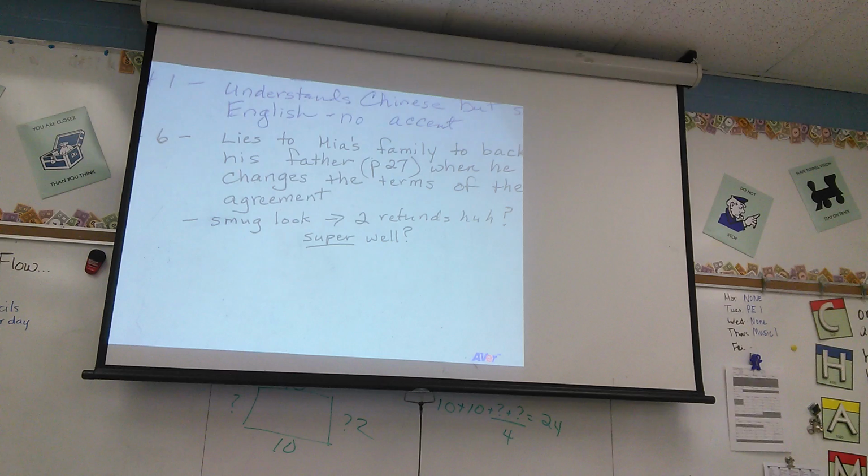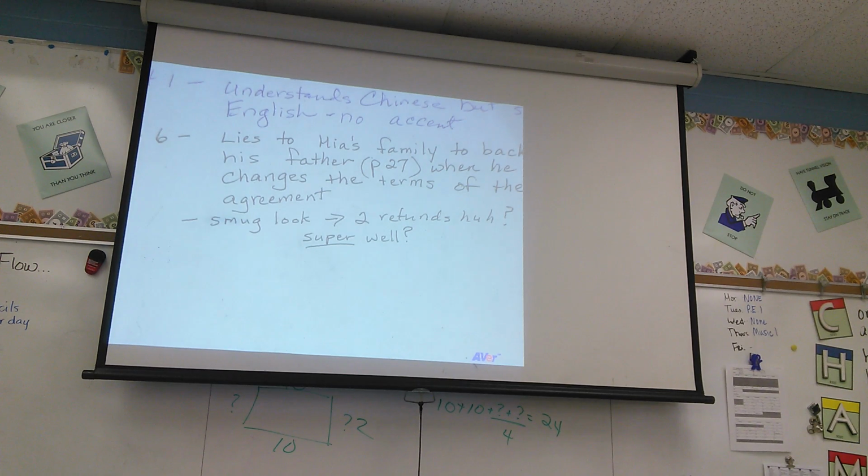A rude person would interrupt somebody. They would say something inappropriate. But lying to back up his father, I wouldn't say that rudeness is a precise word to describe that. Emma? Well, I think he doesn't want to get in trouble by his father because of the way Mr. Yao talks without Jason there.